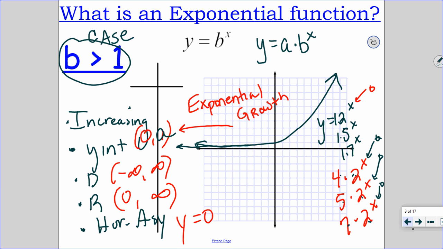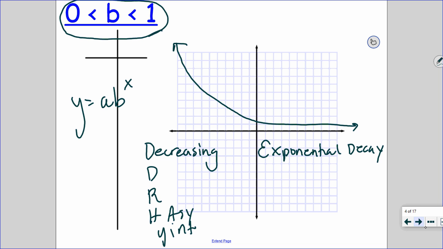So look at all of those answers for that one. Do those answers change when I change the base to a decay? All right? So think about the answer that I put on the other one and try it for this one. And again, really have that A be in there.